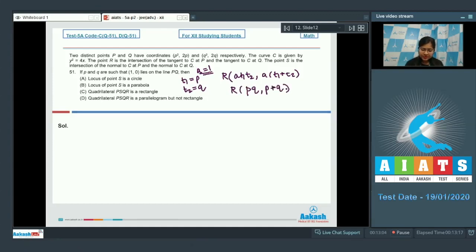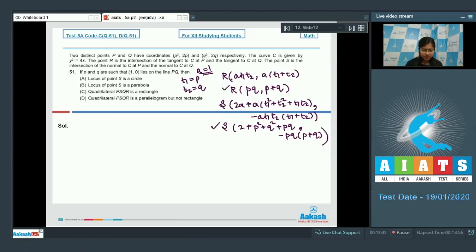Now also let's talk about point S. Point S is 2a plus a into t1 square plus t2 square plus t1 t2 comma minus a t1 t2 into t1 plus t2, right? So point S will be 2 plus p square plus q square plus pq comma minus pq into p plus q. So this is the coordinate of S.